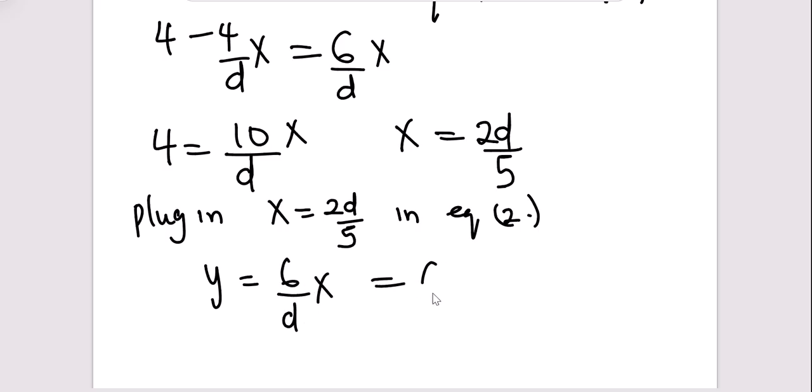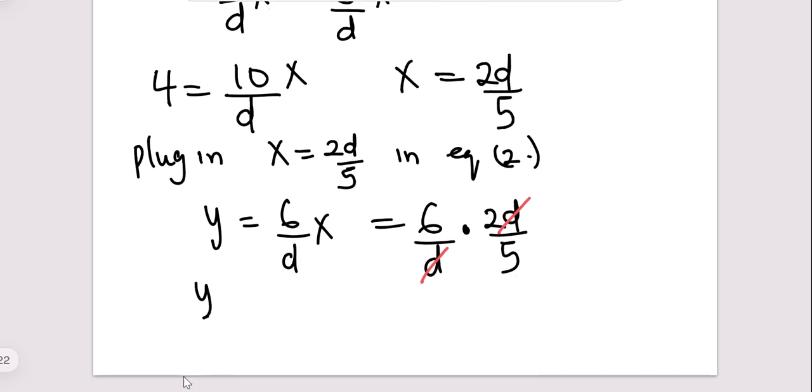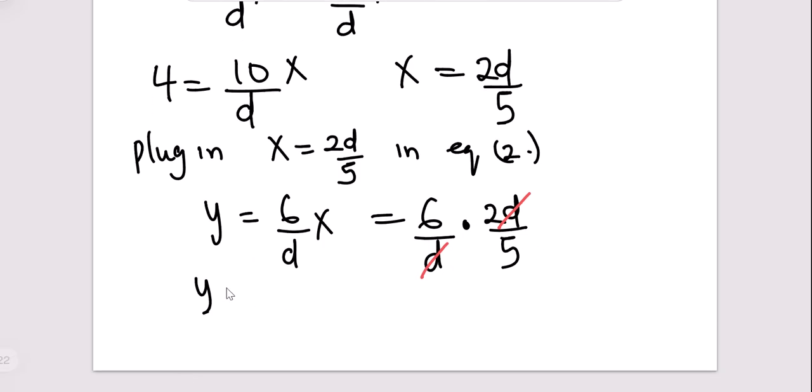So here we're going to have 6 over d multiplied by 2d over 5. Here, d cancels out d, and from this, our y is equal to 12 over 5, which is the same thing as 2.4 meters.